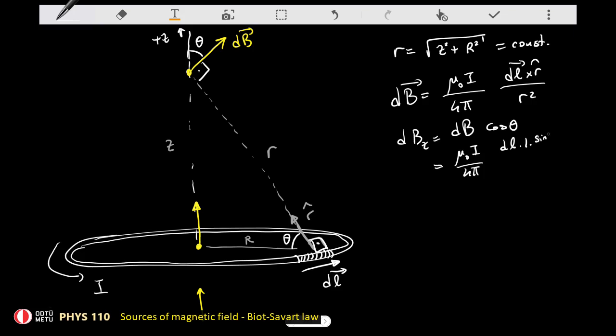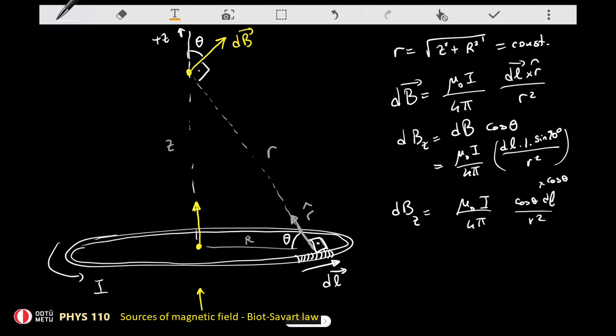So therefore, this is sine of 90 degrees divided by r squared. That's the magnitude of the magnetic field at that point. I multiply this with cosine theta, and then I get the z component. So therefore, the z component of the magnetic field is mu 0 I over 4 pi, cosine theta dl divided by r squared. Right, that's the expression that I would like to integrate.